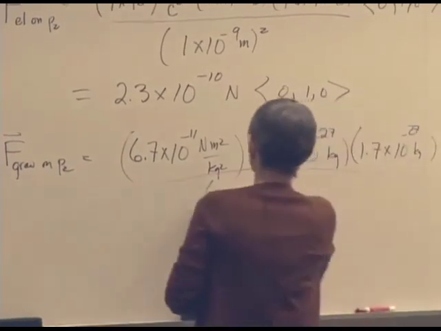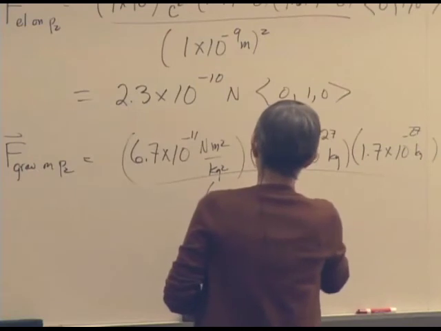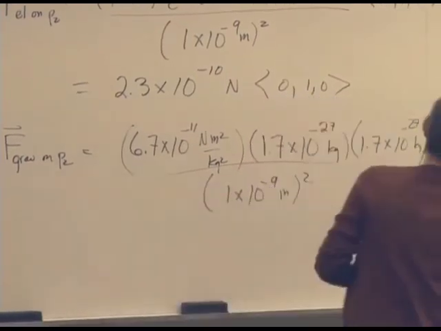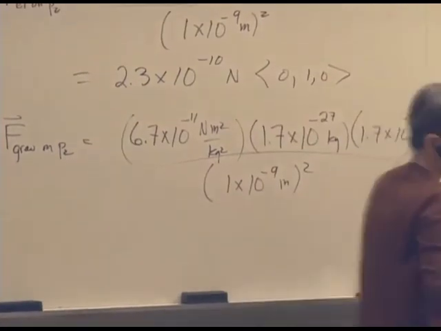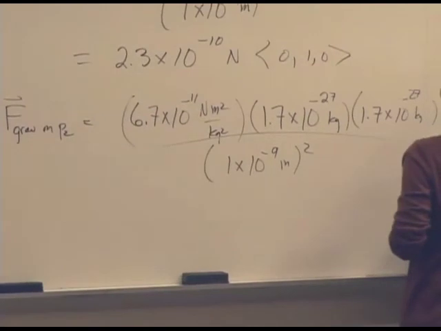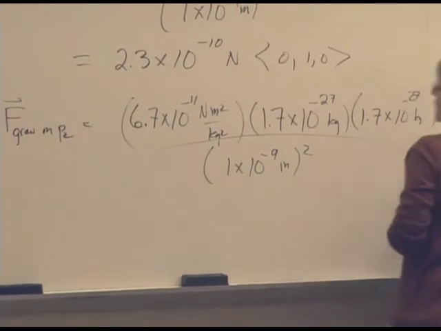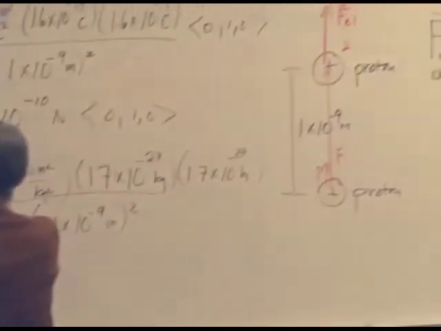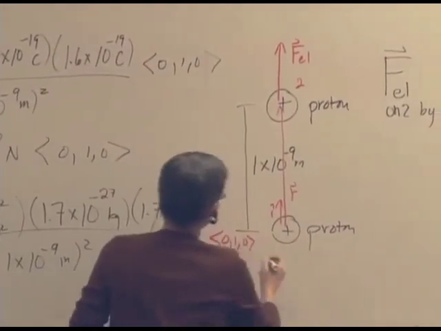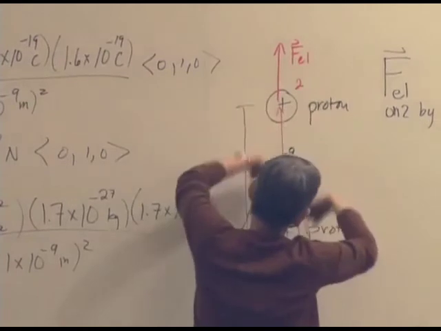And again, we've got the same thing in the denominator. And so the electric force went up. We better have a minus sign here because the gravitational force is pulling them together.